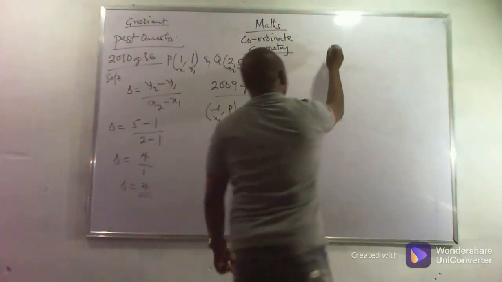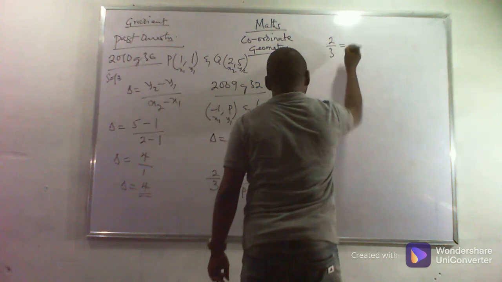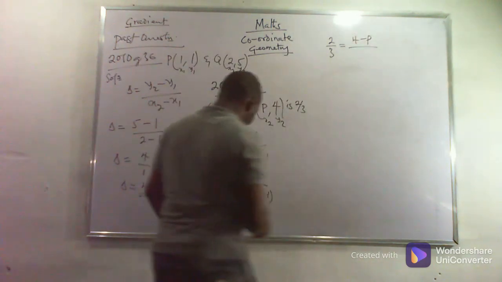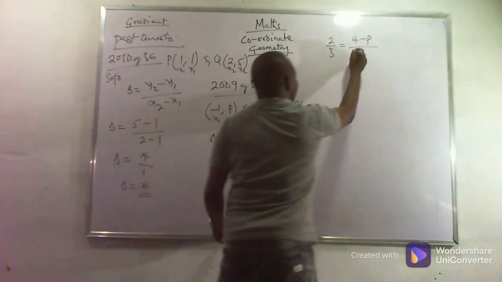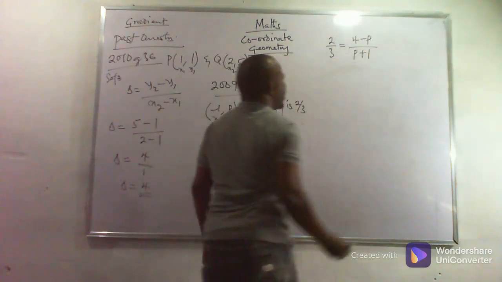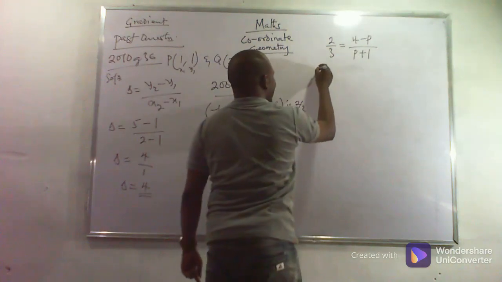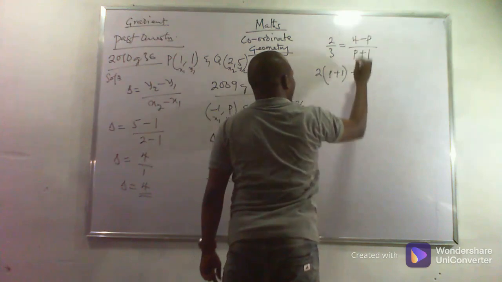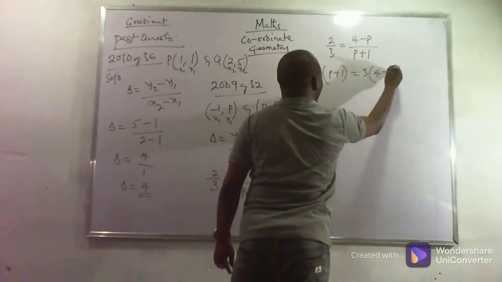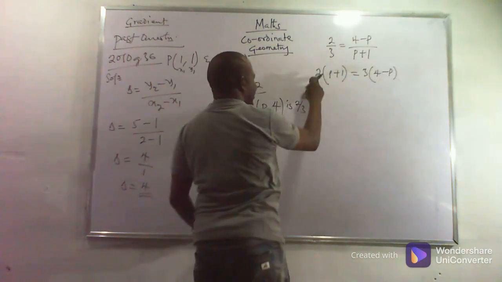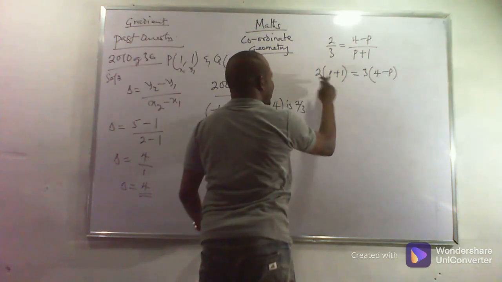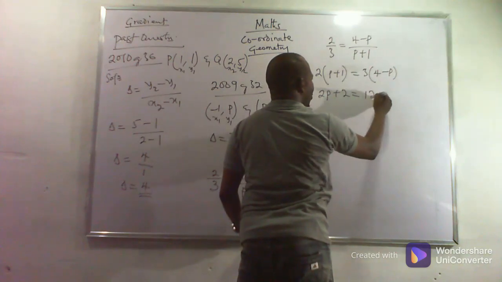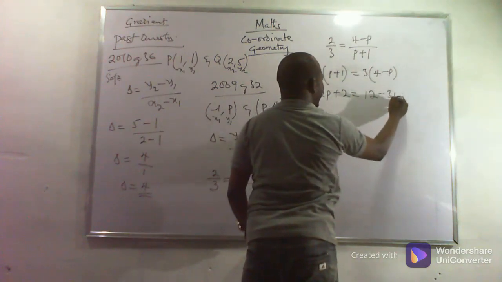So we have 2 over 3 equals (4 minus P) over (P plus 1). Cross multiply. You have 2 times (P plus 1) equals 3 times (4 minus P). Open the bracket: 2P plus 2 equals 12 minus 3P.